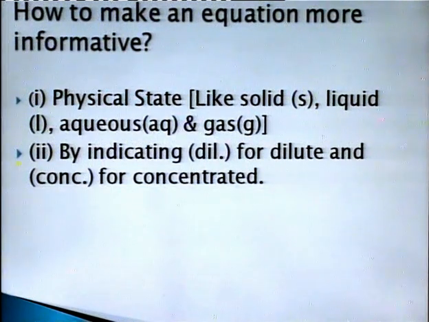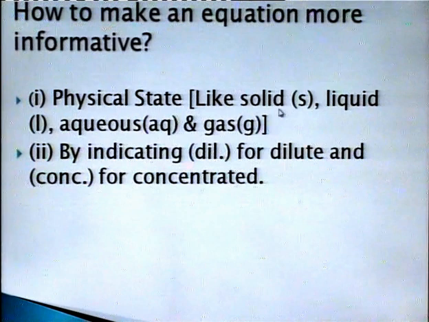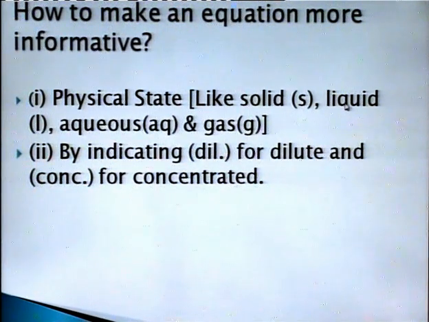How to make an equation more informative? In this topic, we will read how to remove these limitations. In the first step, the physical state solid can be written as S. If a reactant or product is liquid, it is represented by L, aqueous by AQ, or gaseous state by G. So, you have to write S, L, AQ or G just after the formula of that reactant or product.